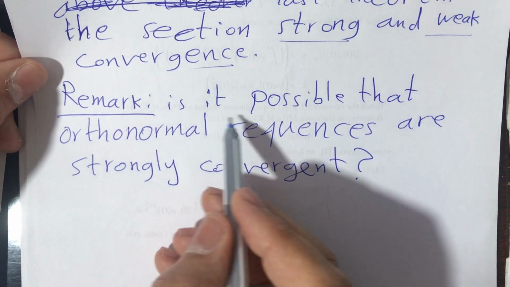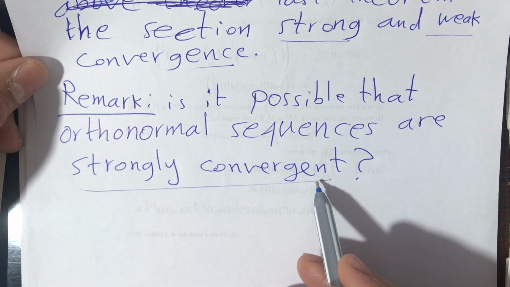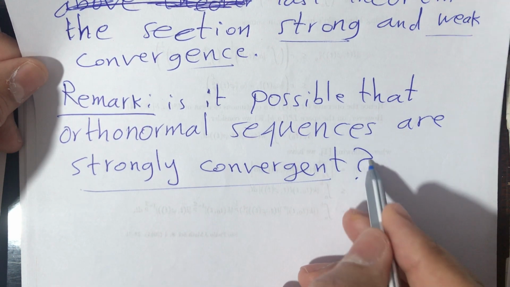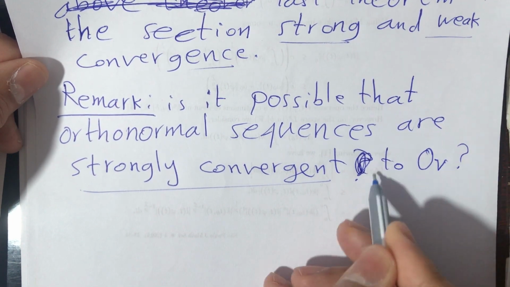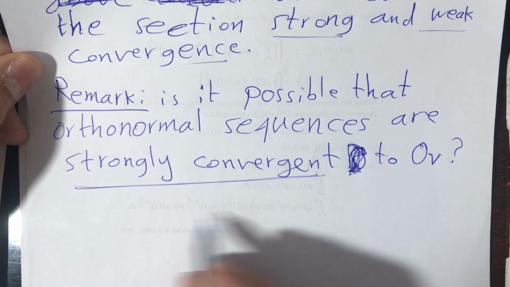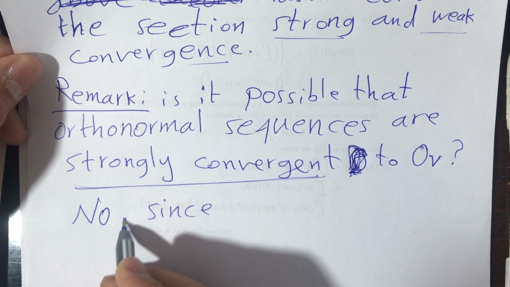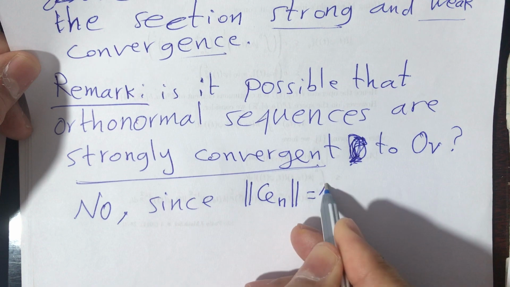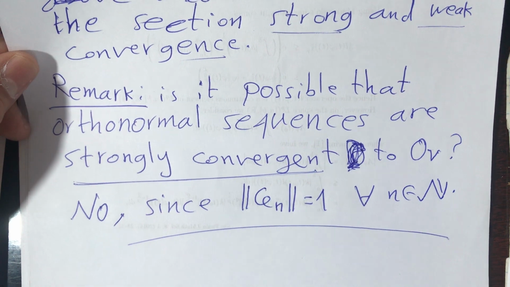This is a question. Is it possible that orthonormal sequences are strongly convergent to zero in V? Is this possible? The answer is no, since the norm of phi n is equal to 1 for all n belonging to the natural numbers. So this is clear.